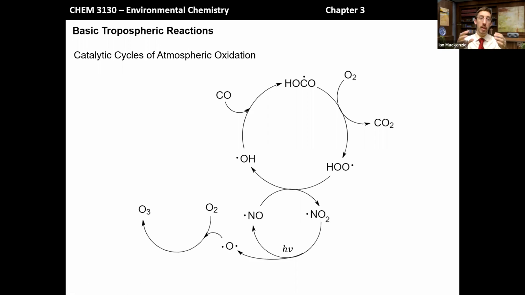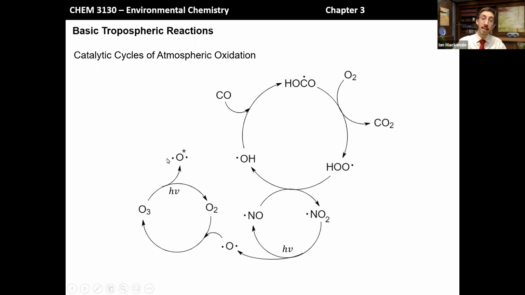which under certain cases, when the UVB light penetrates down to ground level, and there's always some fraction of UVB light that makes it down, but that depends on the concentration of the ozone layer in that particular region. But eventually you'll get trace amounts of this that will absorb UVB light and then undergo photochemical dissociation to regenerate an oxygen atom, but now it's an excited oxygen atom.